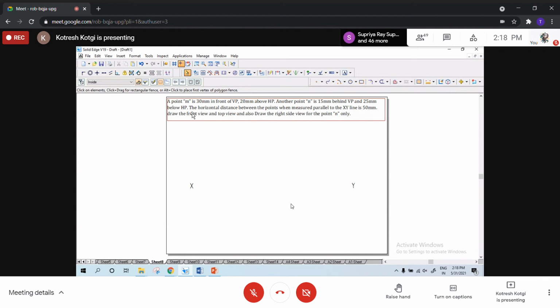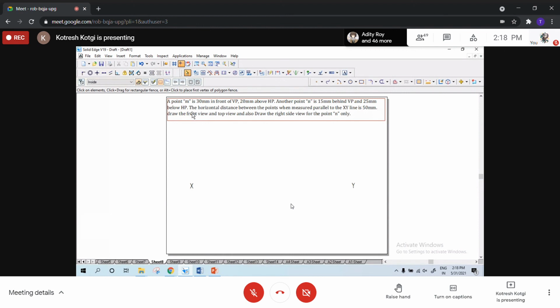They have given the data for M and N. You should identify which quadrant they belong to, and then they have given that the horizontal distance between those 2 points, if you measure along XY line, is 50 mm. You should draw the projection of M and N, I mean the top view and front view of M and N, and along with that you should draw the right side view of N. Only right side view of N.